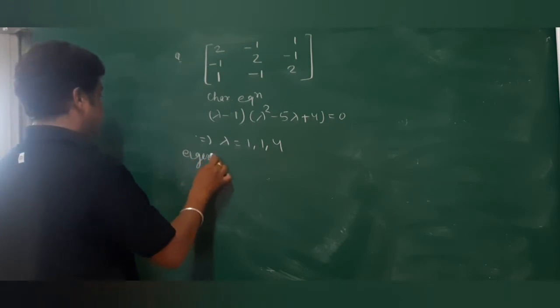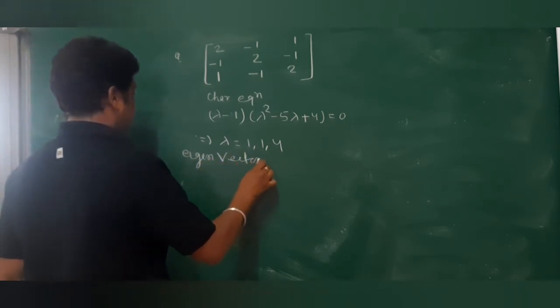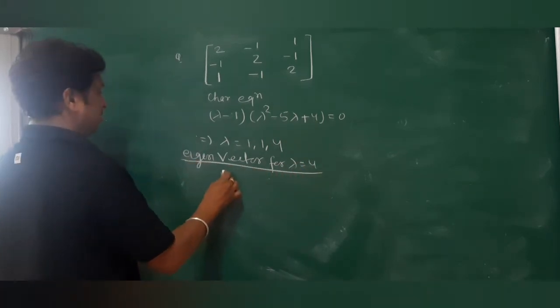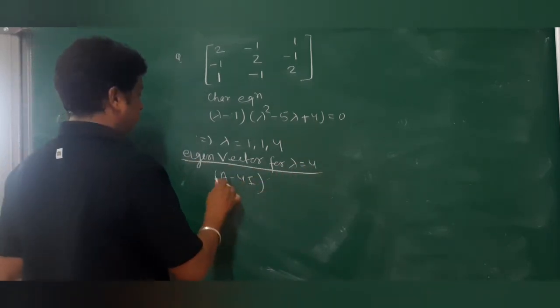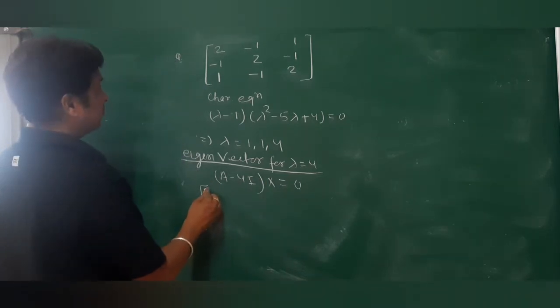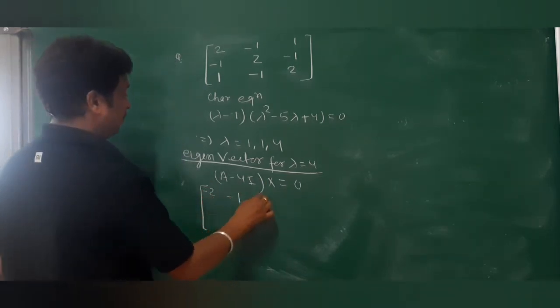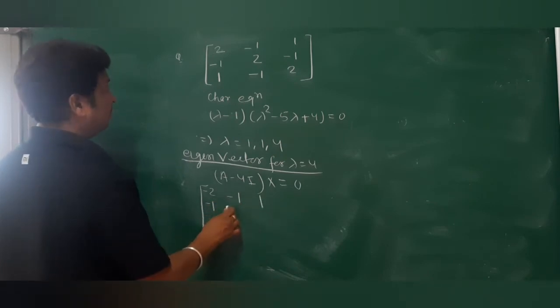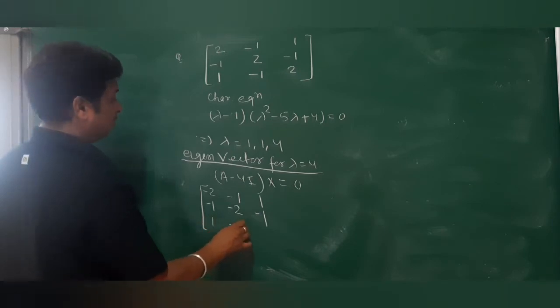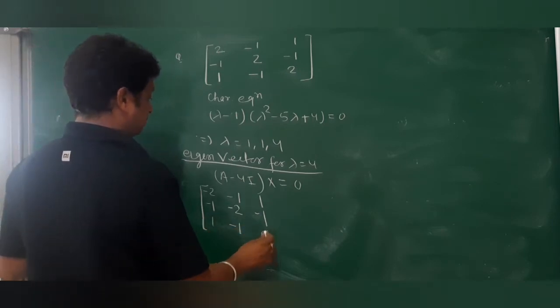Eigenvector for lambda equal to 4: you get A minus 4I of x is equal to 0. So that is minus 2, minus 1, 1, minus 1, minus 2, minus 1, 1, minus 1, minus 1.